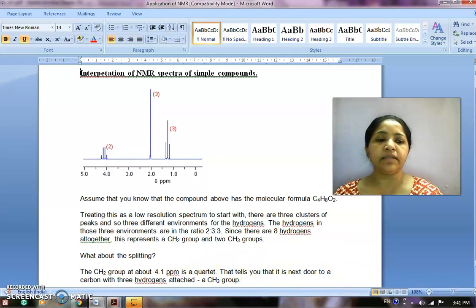Now let us suppose the next thing, that is how we can arrange it so that it is not having any splitting. First, CH3 can be the group, and this CH3 can be bonded to oxygen.